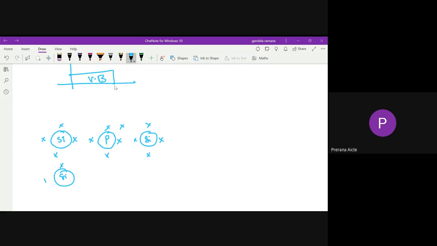So in this we have to observe what happened. Each and everything will be bonded.